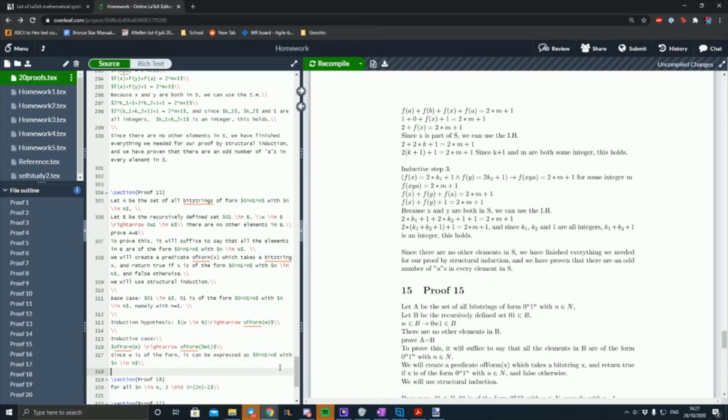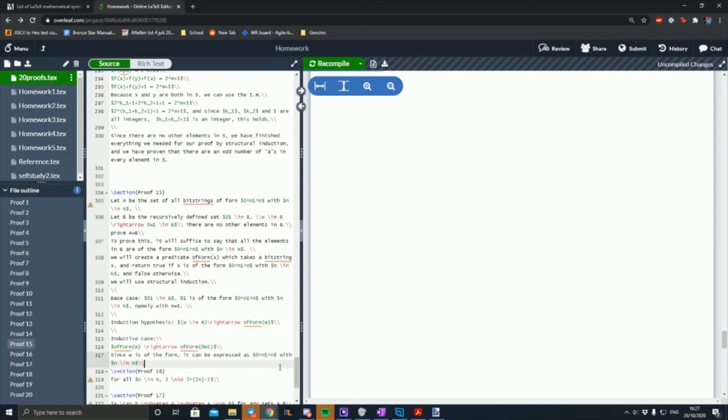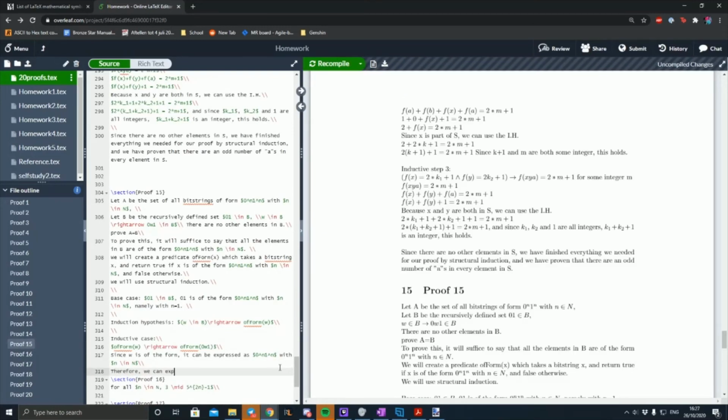Therefore, we can express 0 W 1 as 0, 1, and in this case it would just be m plus 1, which is still of the form. Because we're just adding a 0 in the front and a 1 to the end, that is still of the form.